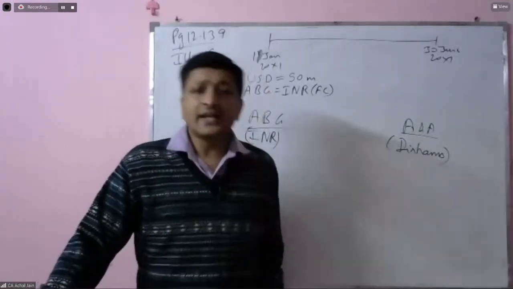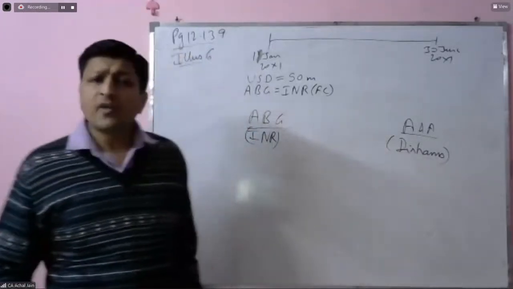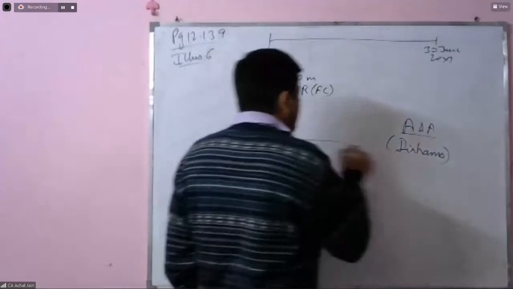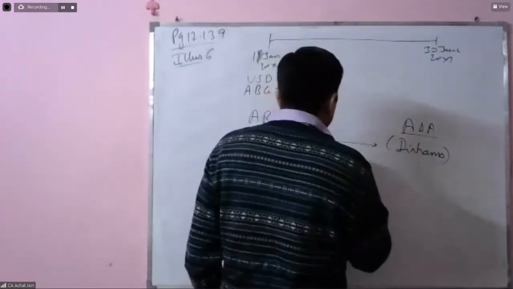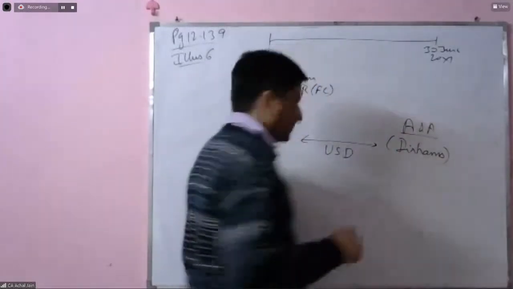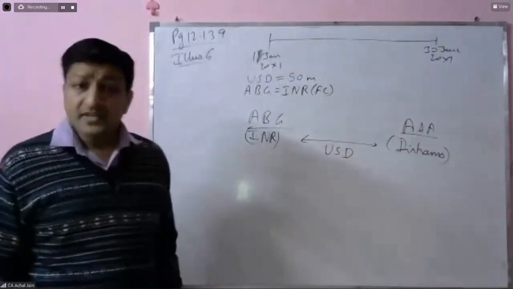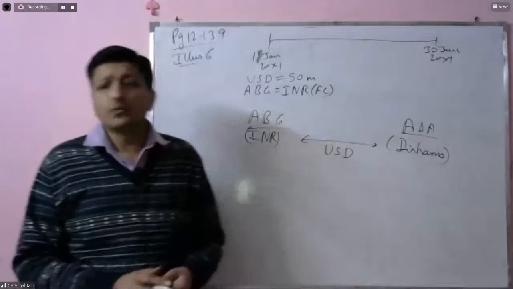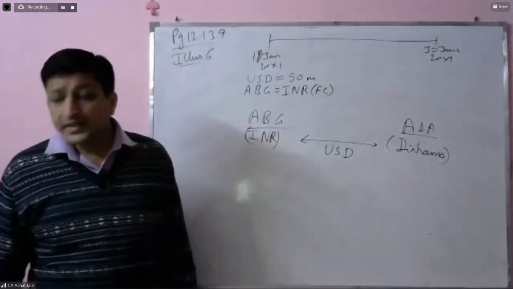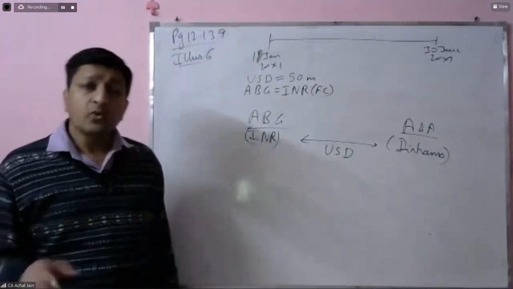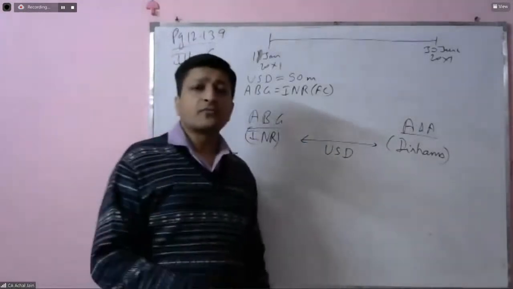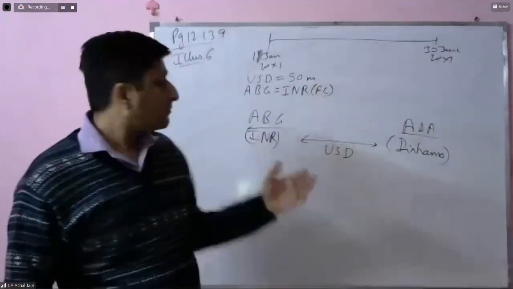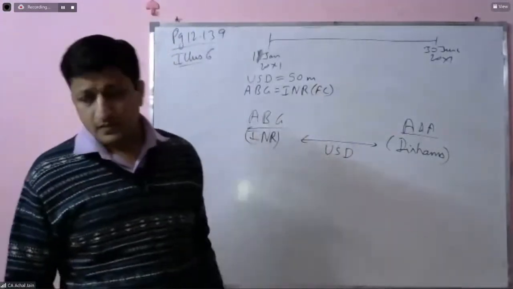Instead of getting into either of these currencies, what have these two companies done? They have entered into a contract in USD. Let's think about the rationale. Why could they do this? What would have been the reason for them to enter into a contract in a currency different from their respective currencies?